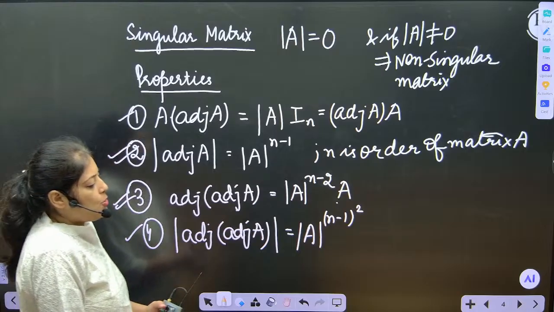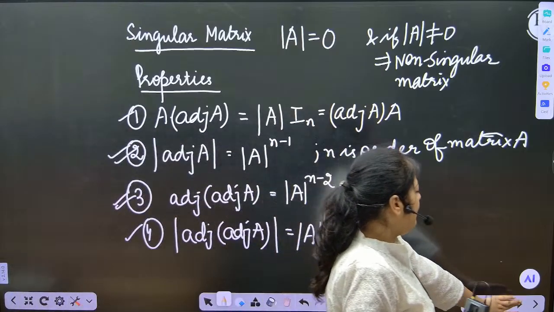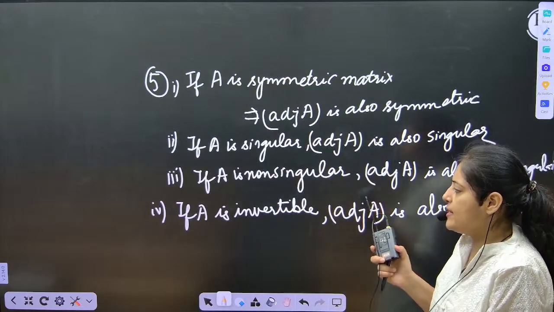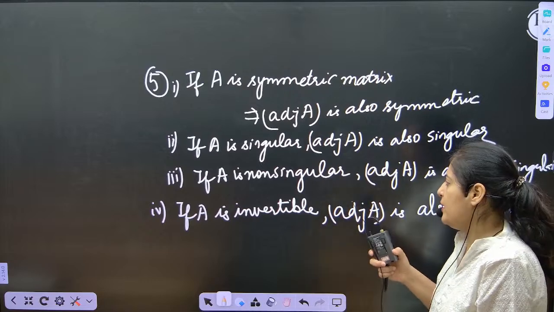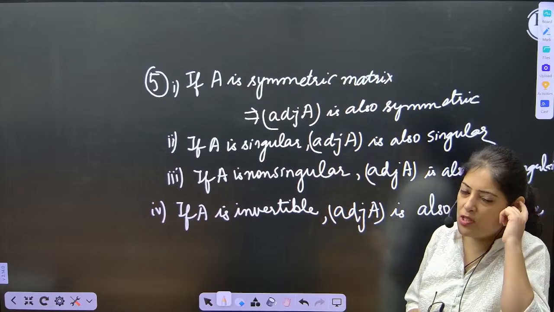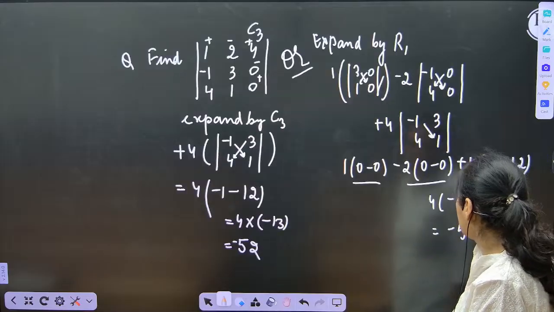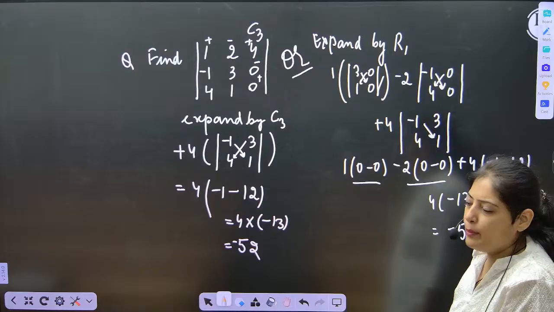Then we have the next properties. If A is symmetric, A is singular, A is non-singular, A is invertible, respectively a few things will happen with the adjoint of A also. And then we did this question, find the data.